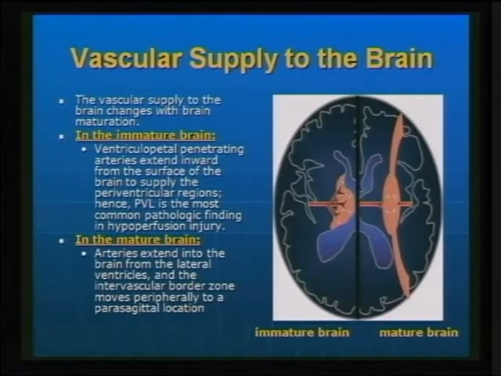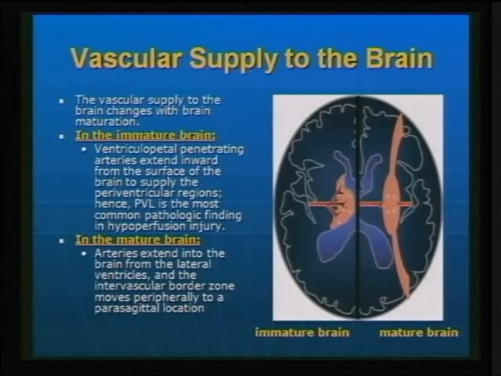Why in ischemia, in a neonate of an immature brain, have different distribution of infarction than the neonate who was born after a full term? Because the premature brain has a different blood supply mechanism than the mature brain.